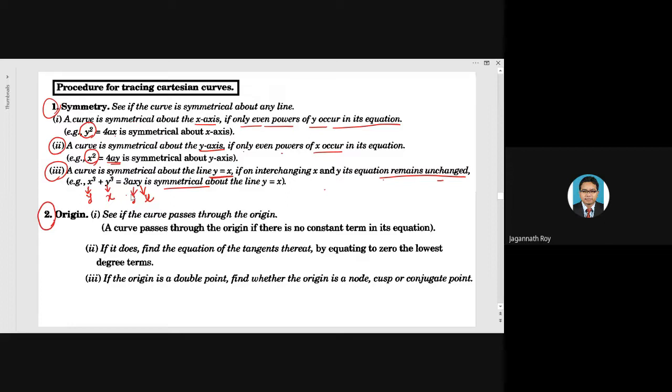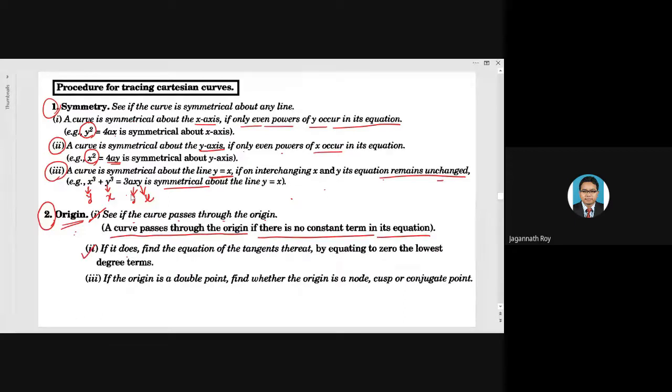Then we have to understand whether the curve is passing through the origin or not. If it is not passing, then how far it is. A curve passes through the origin if there is no constant term in its equation. So this is one piece of information which will help us.